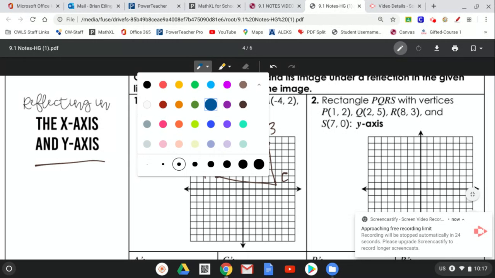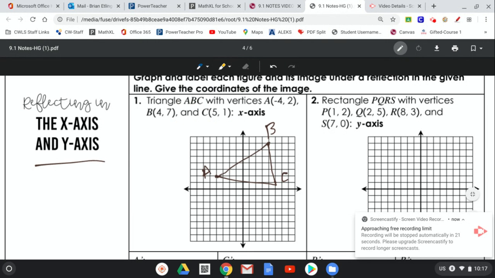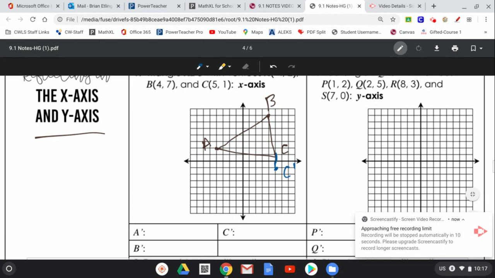This isn't that difficult. If you look at C, C is 1 unit away from the x-axis. So guess what? C prime is going to be 1 unit away from the x-axis. So the coordinate for C prime is going to be 5, -1. Okay? 5, -1. We'll finish up the rest of the reflection in the next video.